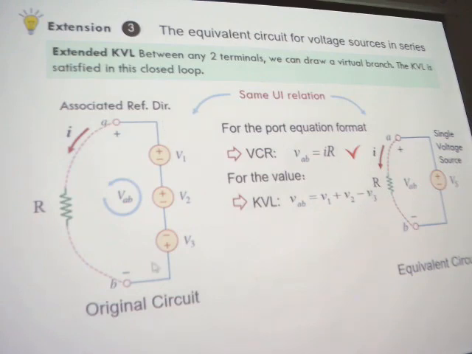And this one, the negative is up. Therefore, if this one and this one are equivalent, we have to make this VS equal to VAB. Then they have the same UI relation on the port.